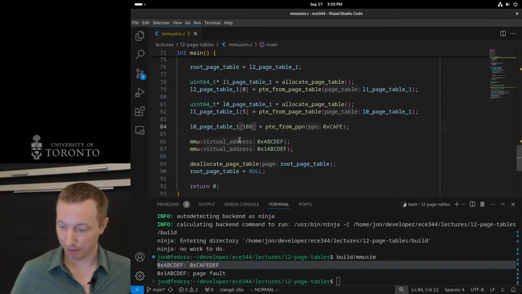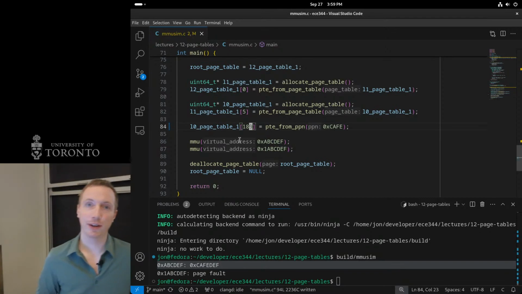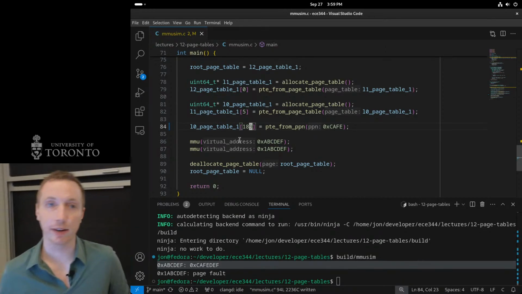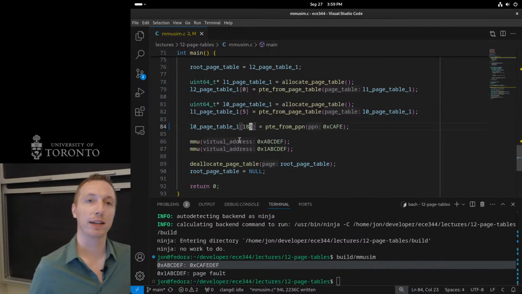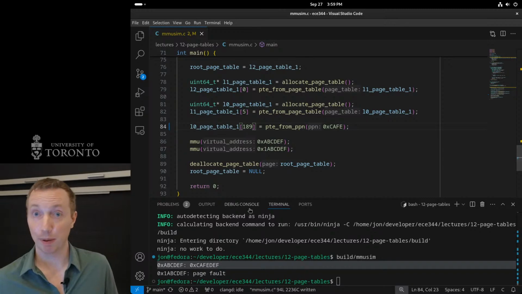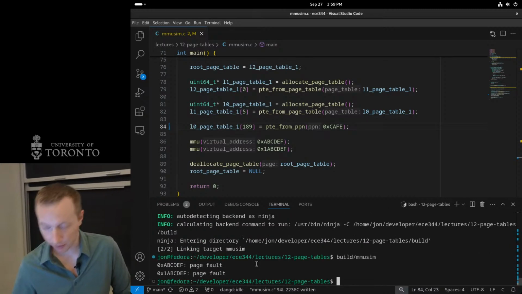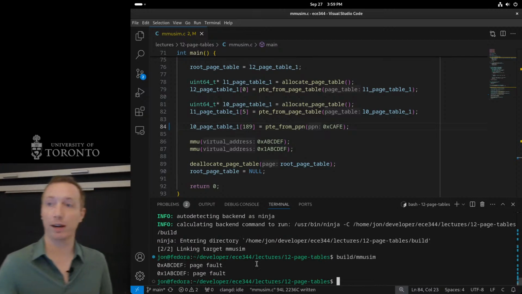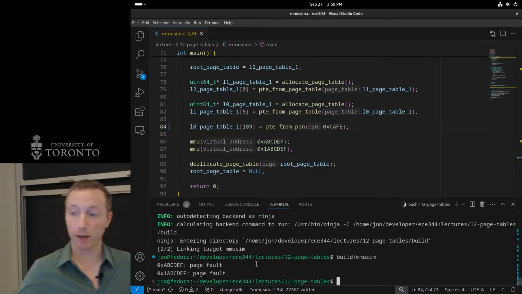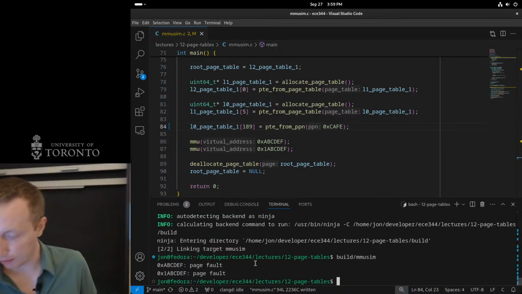If I change this to 189 instead of 188, what'll happen? It should page fault, right? It shouldn't have a valid translation. If I compile and run that, I get a page fault immediately because it would look at the index for 188 and not have a valid entry, so I wouldn't be able to translate this address.